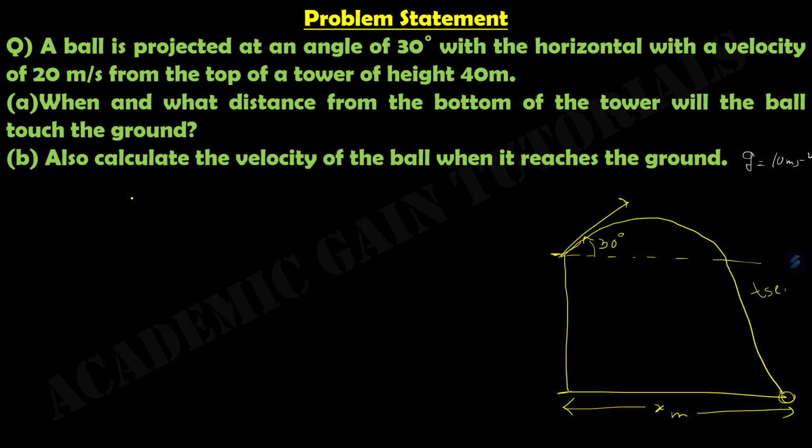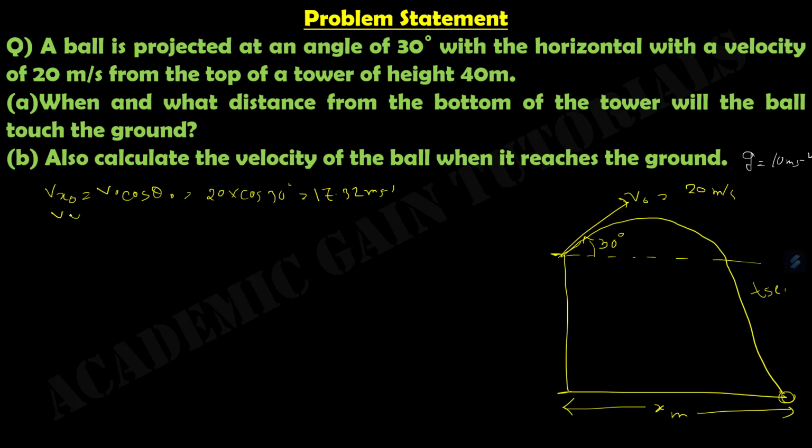We know along the x-axis, the component of v naught, here v naught equals 20 meter per second, will be v naught cos theta naught, which equals 20 into cos 30 degree, equals 17.32 meter per second.